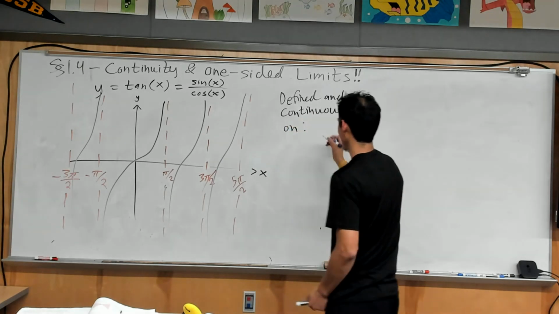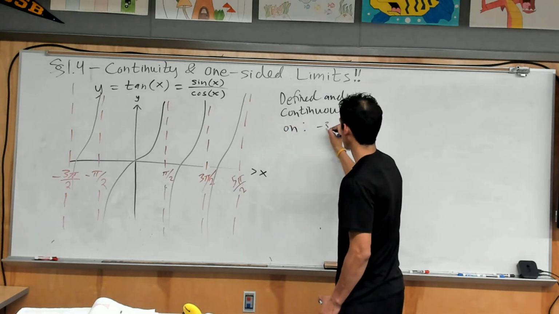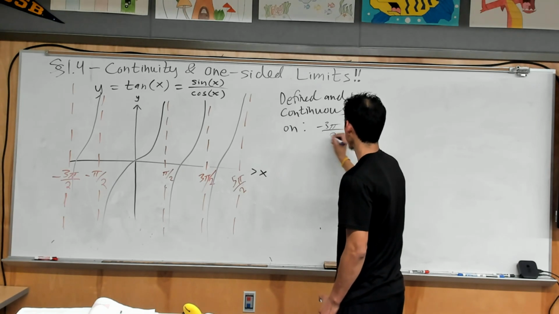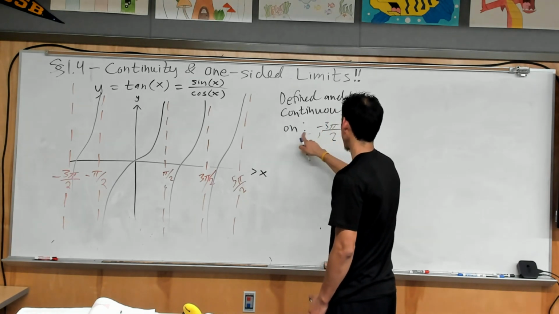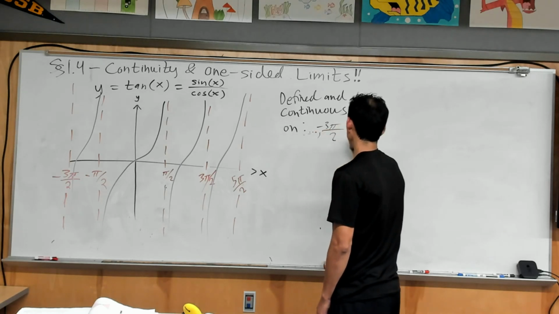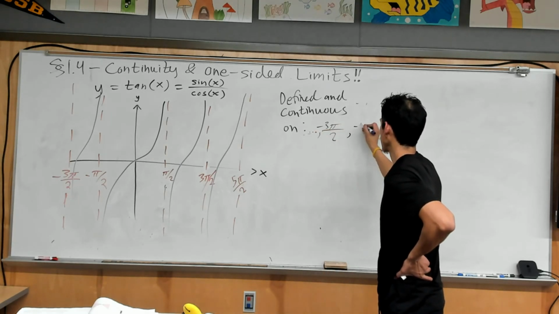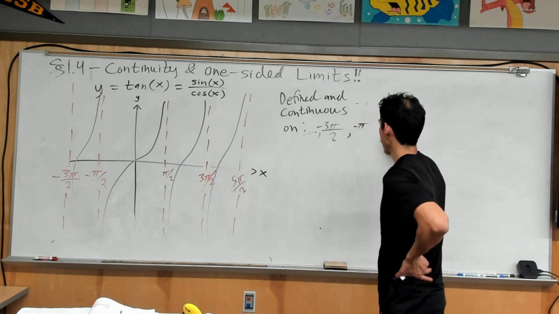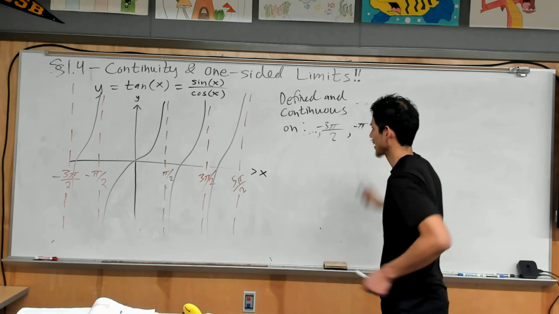So we have negative 3 pi over 2, and we're going to go backwards like that. We're also going to go forwards, 3 pi over 2, negative pi over 2. Oh, actually, let me write it this way.